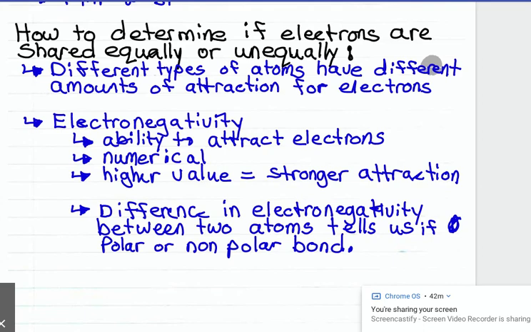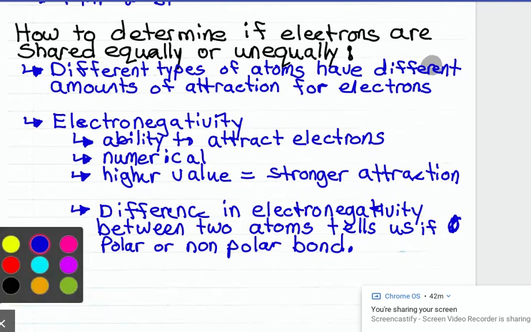We're not really going to get into them, but this ability to attract electrons is called electronegativity. It is the ability of an atom to attract electrons. It's numerical, and the higher the number, the stronger the attraction.